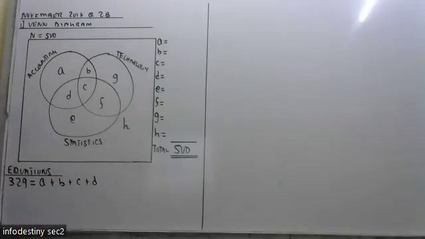186 were enrolled for information technology. So 186, information technology is B plus C plus F plus G. 295 were enrolled for statistics.